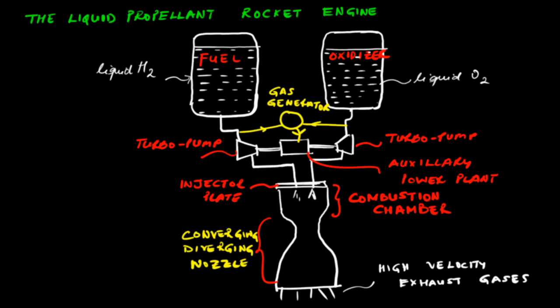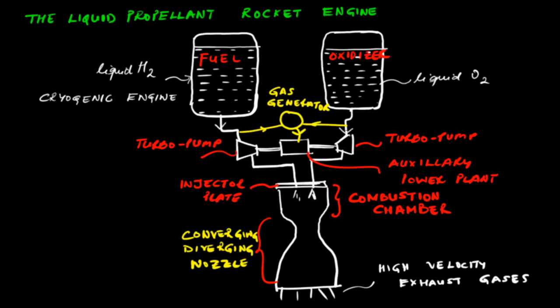Hydrogen and oxygen are used in liquid propellant rocket engines, which are more specifically known as cryogenic engines.